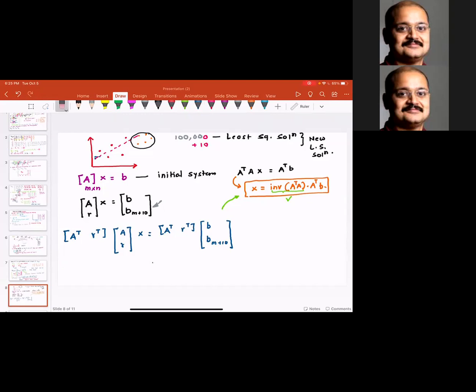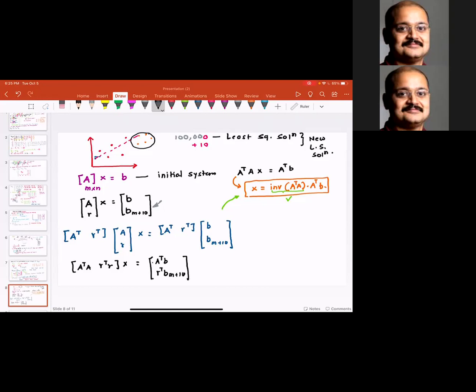Let me write this down. So this will become A transpose A plus R transpose R, X is equal to, I'm going to get A transpose B plus R transpose B of M plus 10.